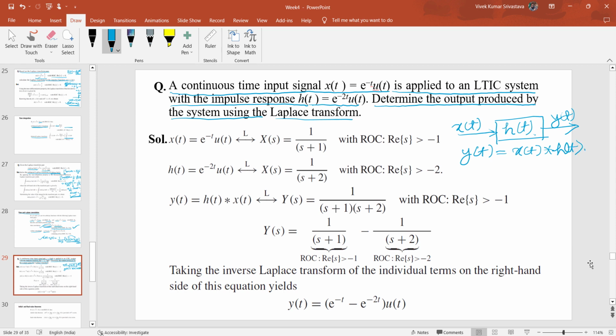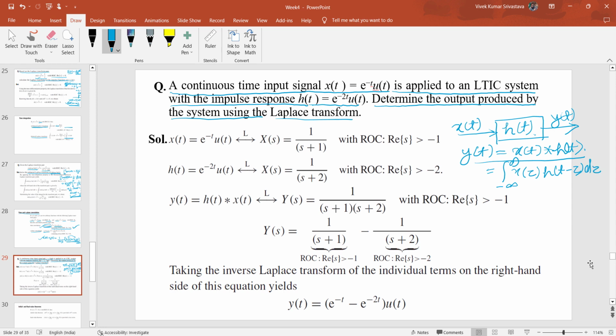Okay, so the first process is to take the convolution of these two signals. Like in the previous class, it is defined as the integral from minus infinity to infinity of x of tau h of t minus tau d tau.